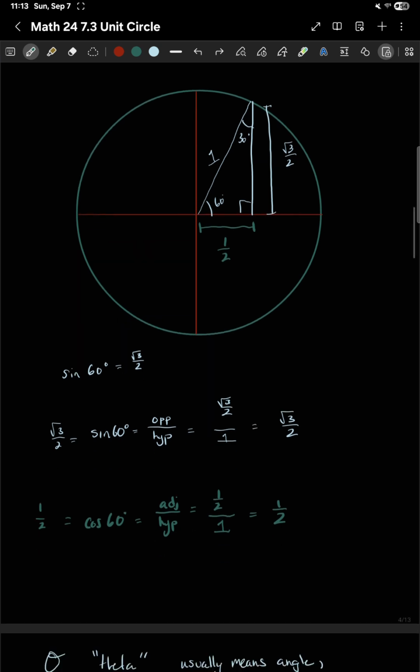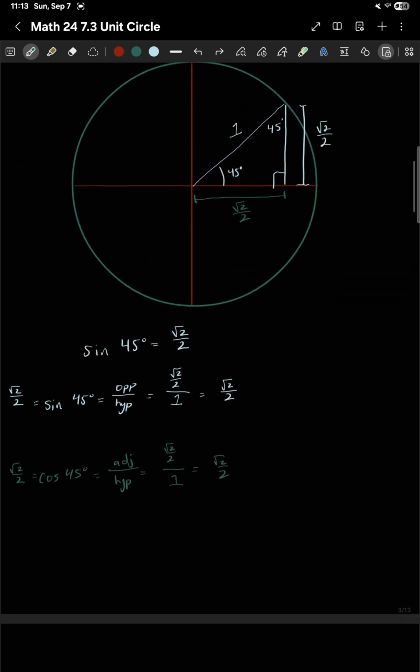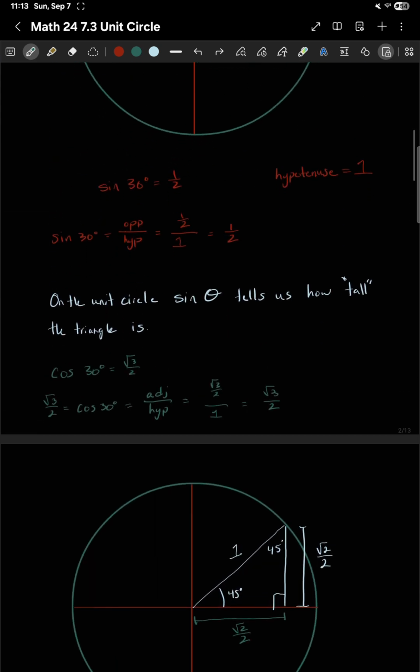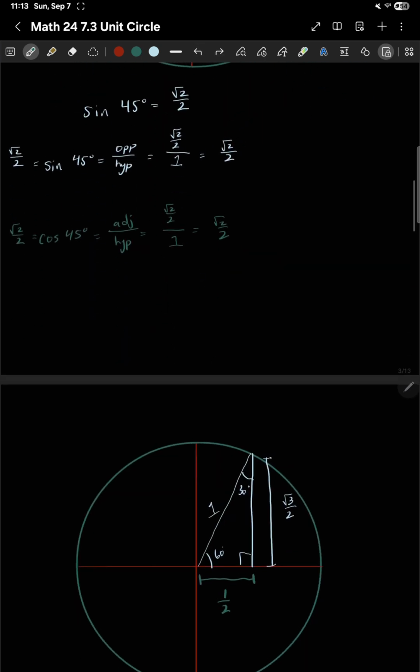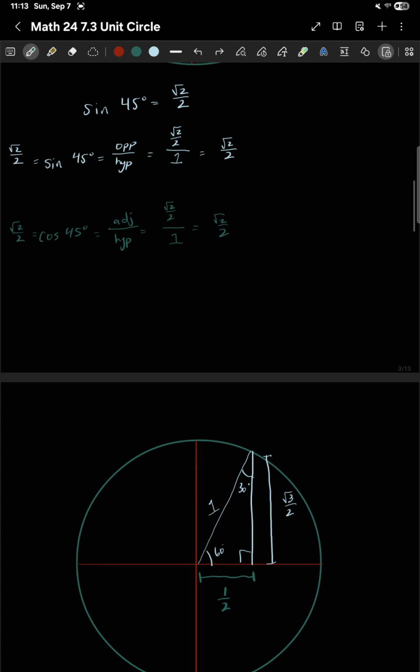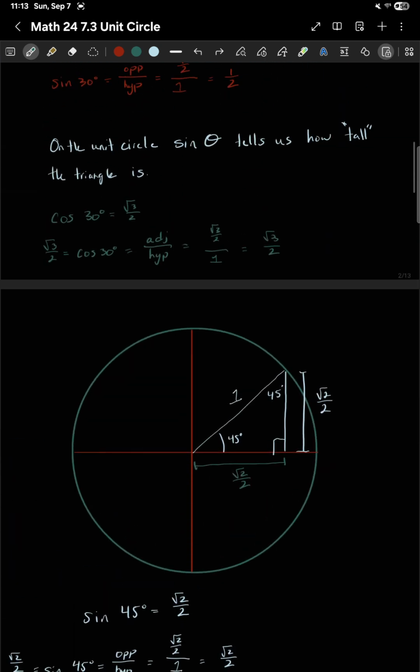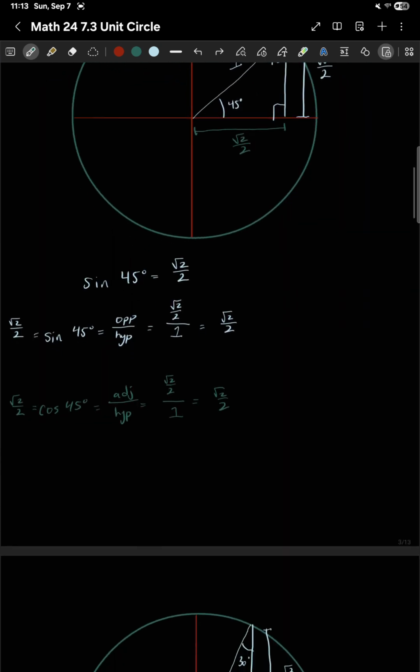So the main thing that I really want you to take away from this beginning section here is, what do cosine and sine tell us? Well, if we're on the unit circle, sine tells us how tall the triangle is or what the height of the triangle is. Okay? Let me write it here on the unit circle.